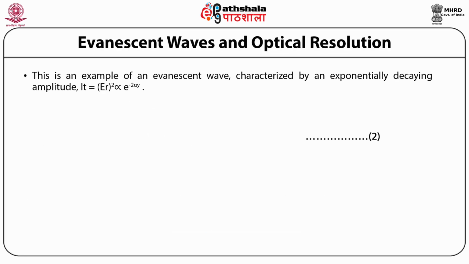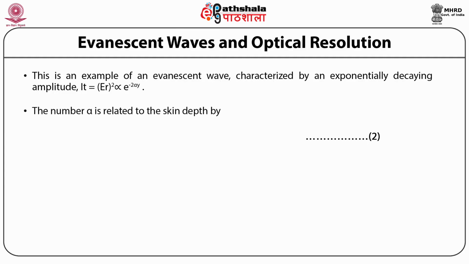This is an example of an evanescent wave characterized by an exponentially decaying amplitude, that is, I equals |Et|², which is proportional to e^(-2αy).